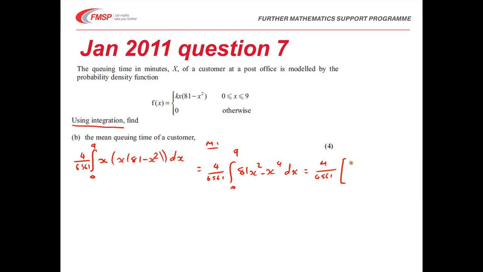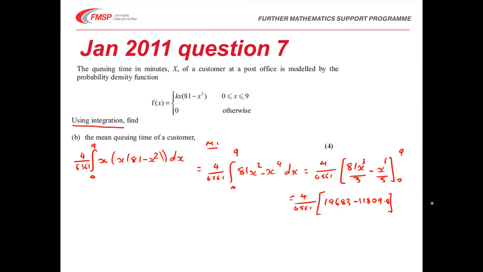times 81x cubed on 3 minus x to the 5 on 5. Notice I'm not simplifying, I'm just integrating for now and demonstrating those skills. So that's going to give me 4 on 6561 times, substituting in my values, 19683, it's a big number, minus 11809.8.